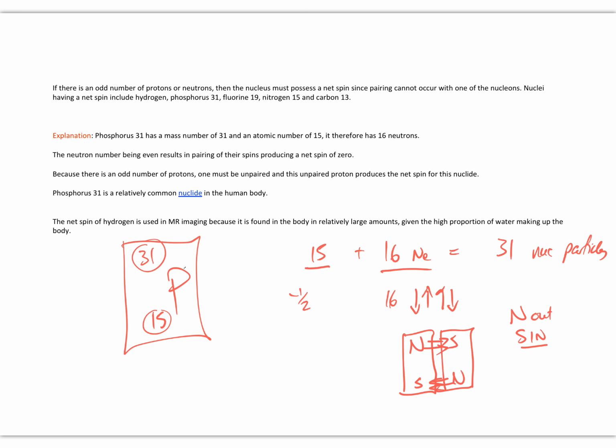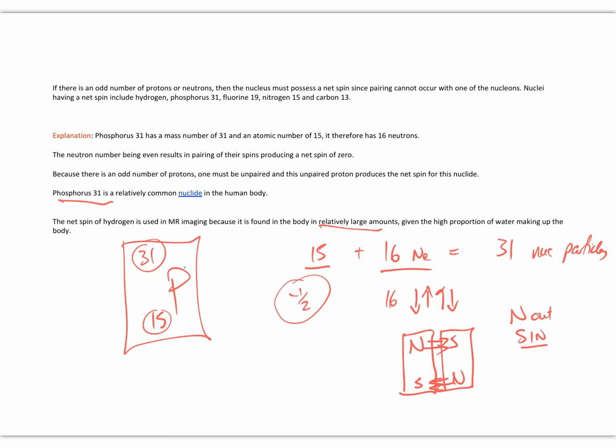And because we've got this odd number of nuclear particles or nuclides, and because phosphorus is commonly part of bone and quite a lot of it in the human body, it can be used. It's in relatively large amounts. The main one that's used in MRI scanning, and MRI scanning needs to have a net spin, okay?